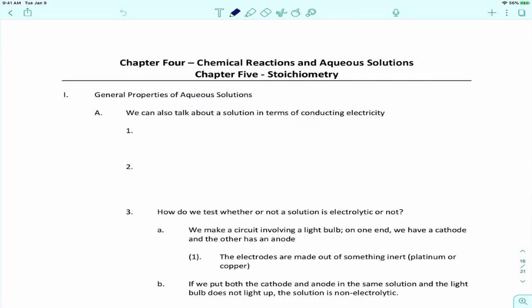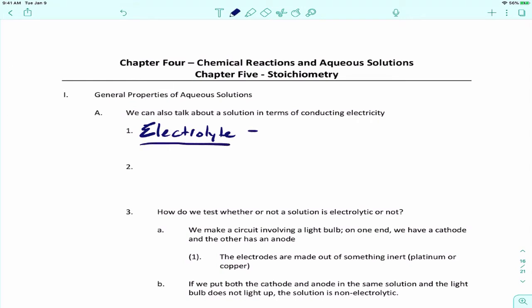We can also talk about a solution in terms of how well that solution conducts electricity. The way that we define that is that if a species can conduct electricity, we call this an electrolyte.